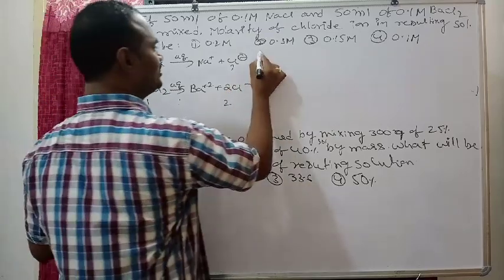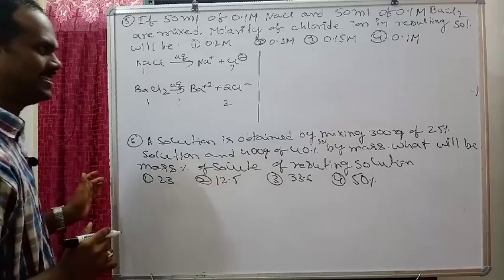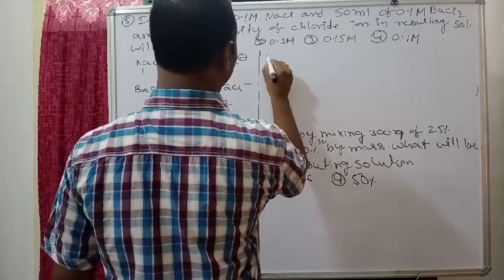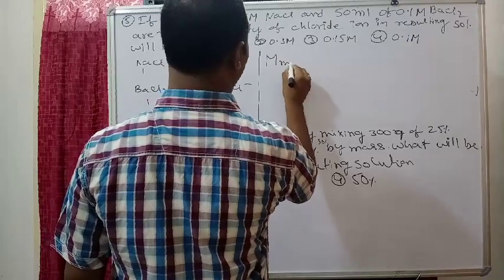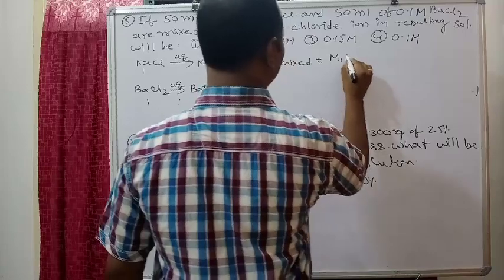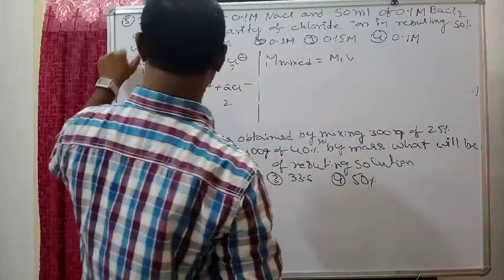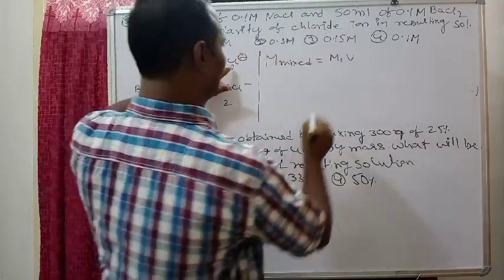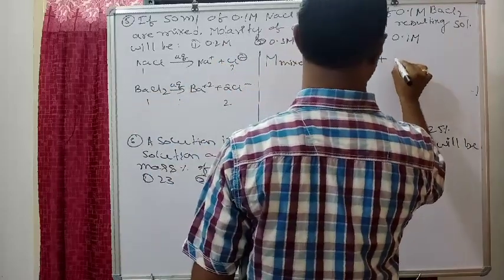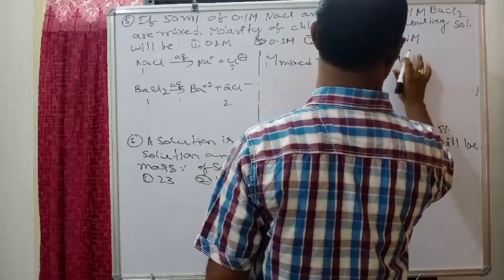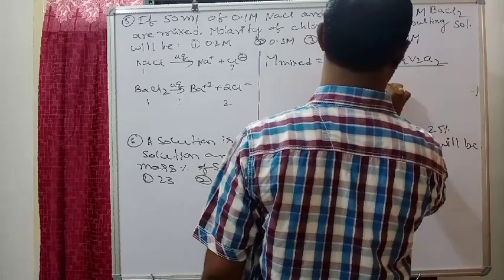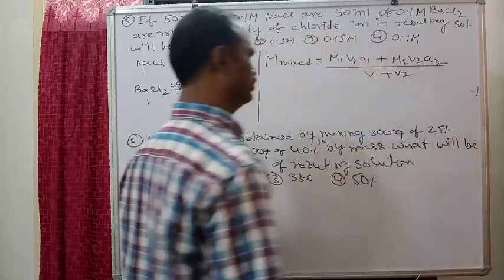So here these two solutions are mixed. For mixed concentration, generally which formula are we using? Mixed solution molarity is equal to M1V1A1 plus M2V2A2, all by V1 plus V2.